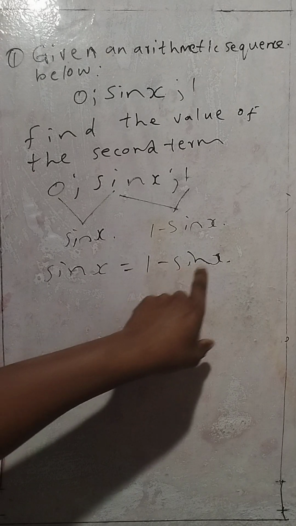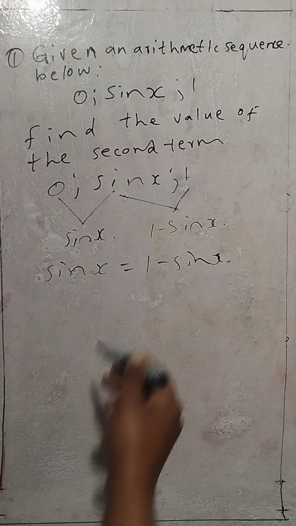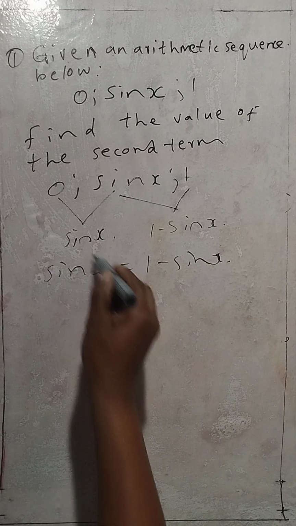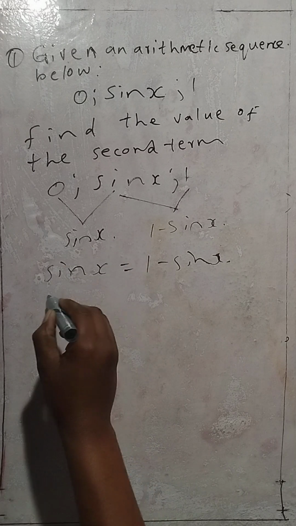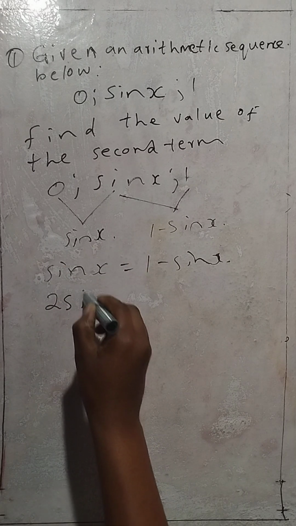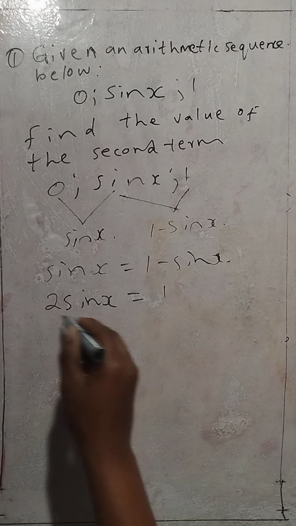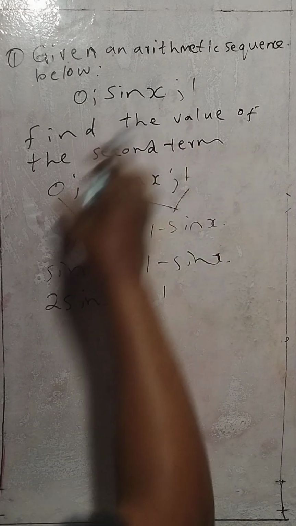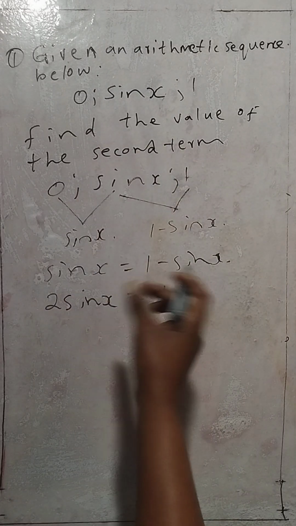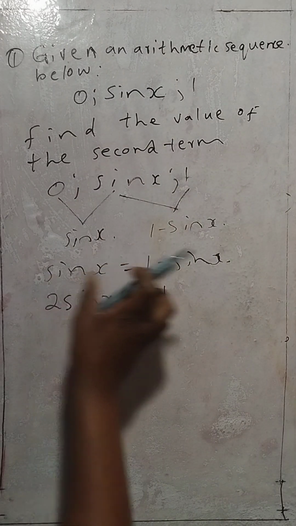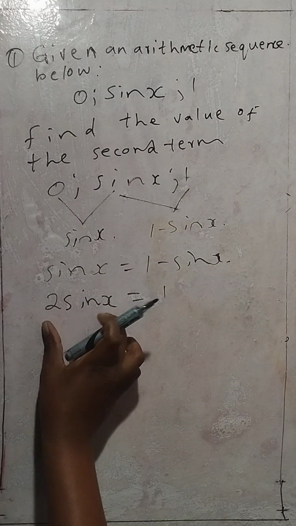Because it's negative, we add the positive. On this side, adding sine x gives 2 sine x. On this side, it becomes 1. Taking this to the other side, it becomes positive.